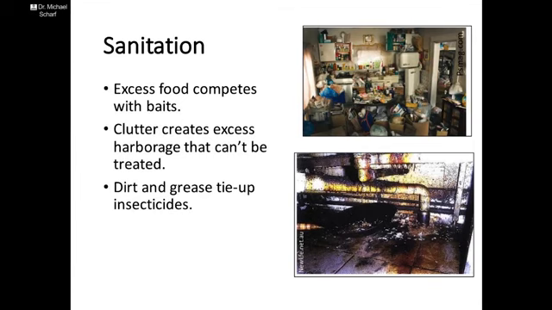Also, sanitation is really critical to make our insecticides work properly. Of course, excess food in the environment competes with baits. Clutter creates excess harborage that can't be treated, giving the insects refuge from the insecticide. And this one's especially a big factor: dirt and grease tie up the insecticides just because of their very nature.